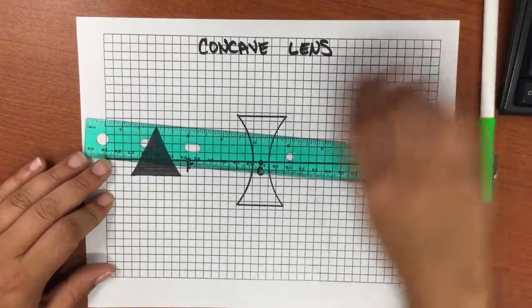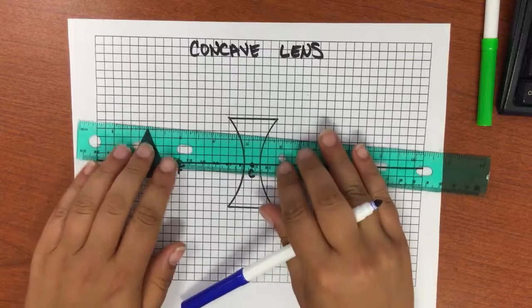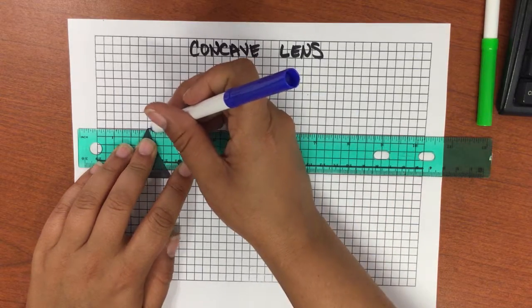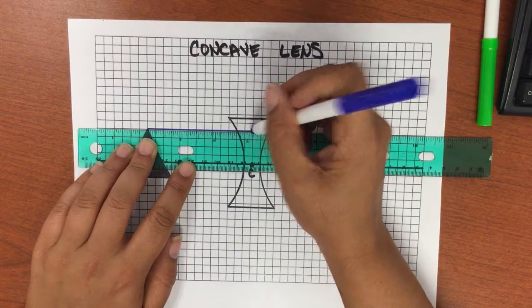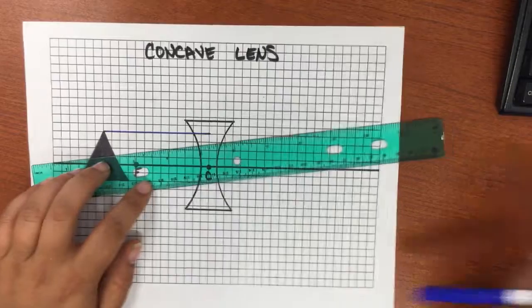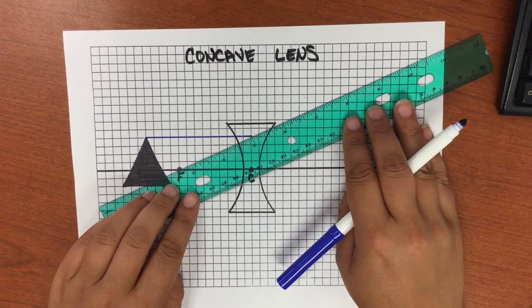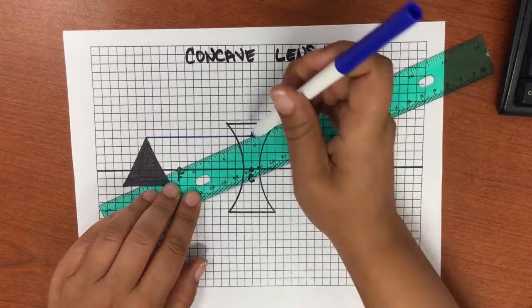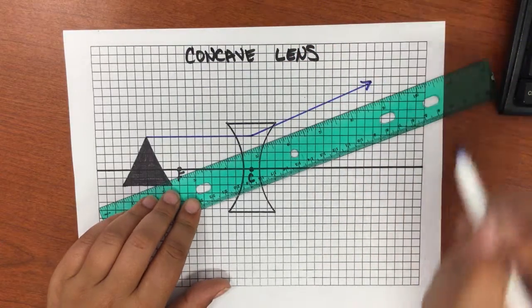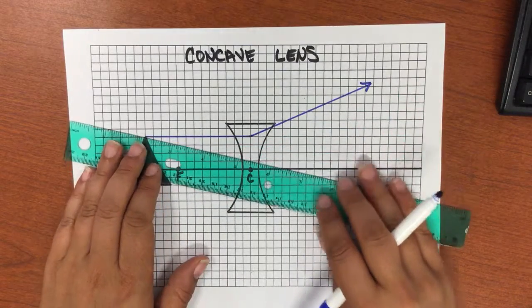So, if my light goes parallel to the optical axis, it's going to go to the center of the lens, and then it will refract rather than reflect. It will refract as if it came from the focal point. So my light travels through this time instead of reflecting backwards.